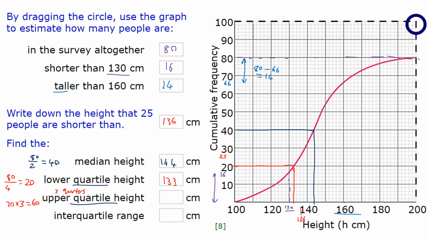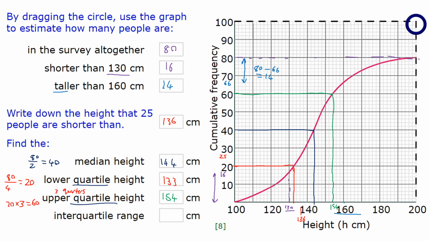The upper quartile is 60, so let's go to 60. We can see that the height at the upper quartile is going to be, let's drop down, 154, I want to say. Again, you're going to get a little bit of a margin of error. Just don't be completely wrong when you read the graph.